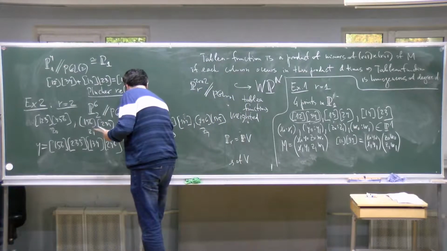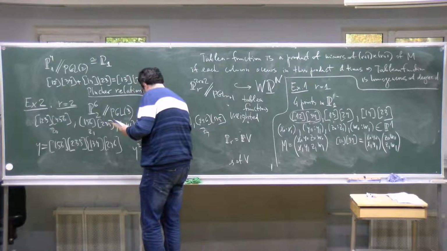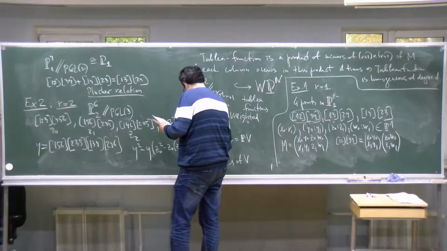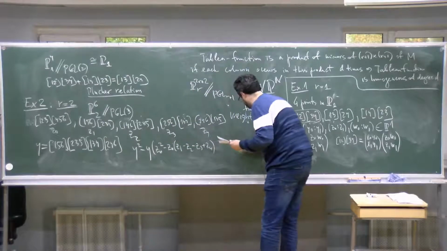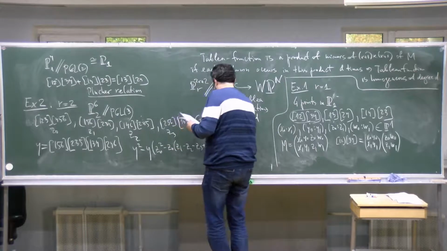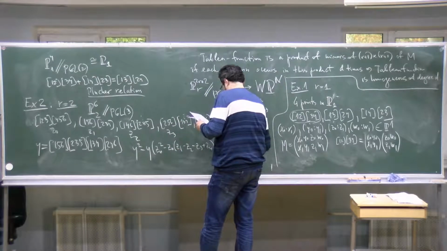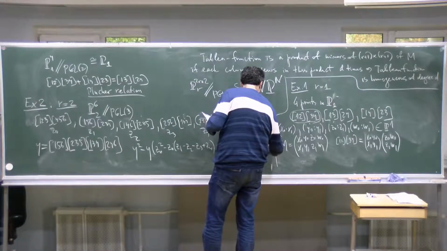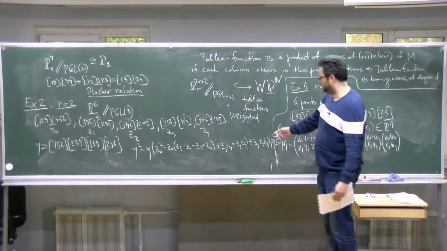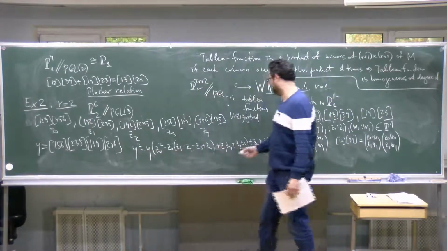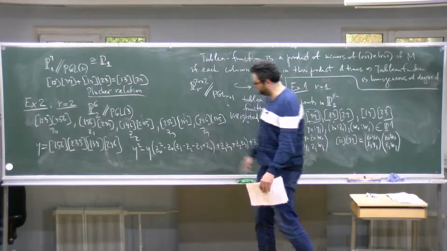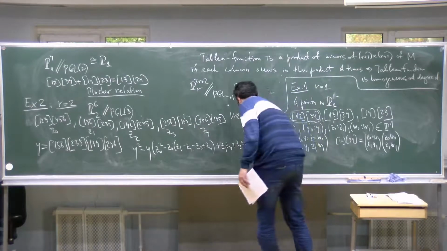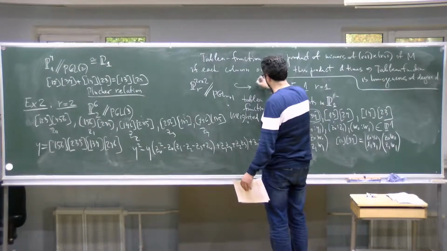So there is the following relation. So y is of degree 2, z is of degree 1.